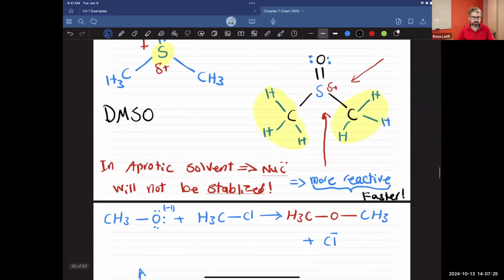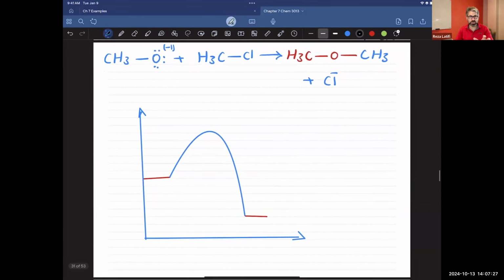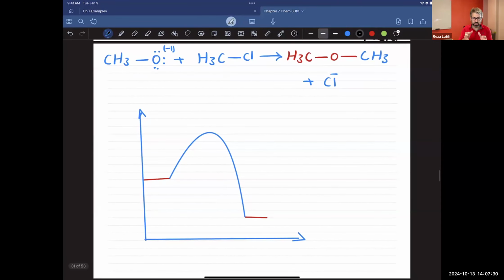Okay, now let's show all those highlighted points on this graph. I have methoxide reacting with alkyl halide. We are kicking the halide out of the system, and we get oxygen and a bridge between two carbons.